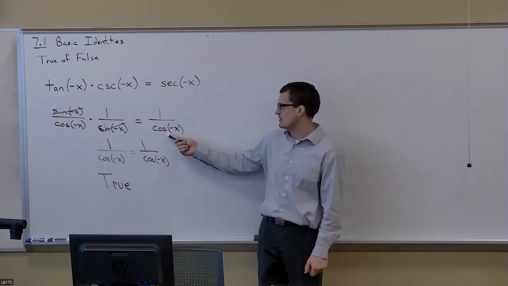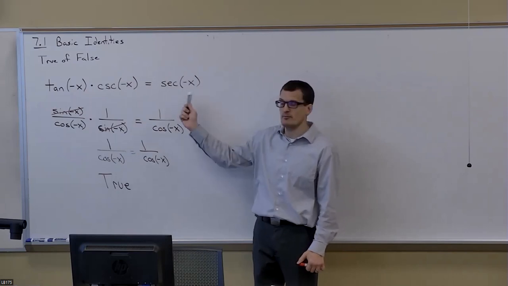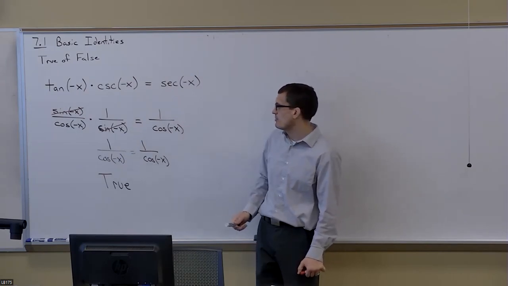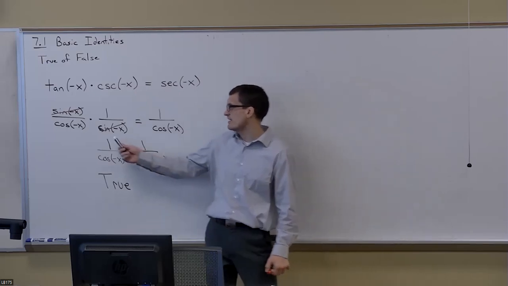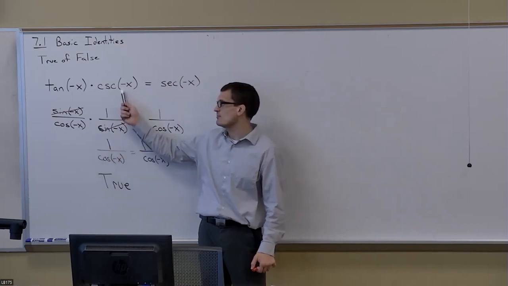We don't want zeros in the denominators. So, for instance, pi is not in the domain here, because when I plug pi into sine, that would give me a 0 in this denominator.